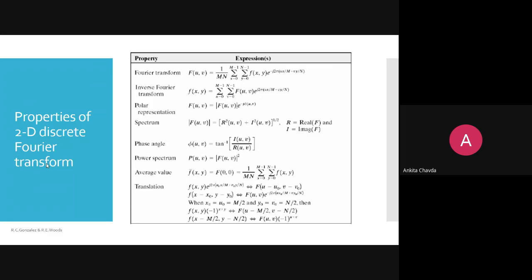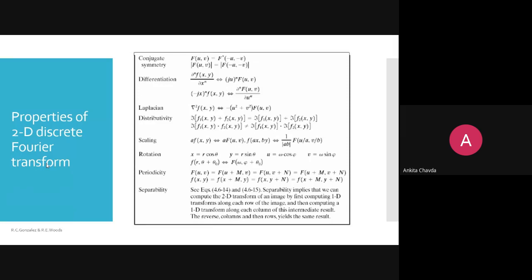Few things at least, like rotation and periodicity, maybe you know. Yes, rotation and a few things you at least know about it. Fine, no problem. Scaling also maybe, because if you know the rotation, then you must know the scaling. Then the Laplacian, what about that?